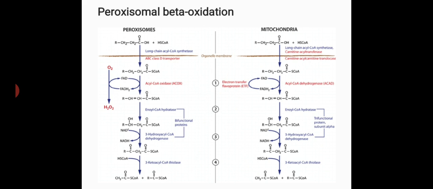Since it is not coupled to oxidative phosphorylation, no ATP synthesis takes place and it generates heat. The NADH formed cannot be reoxidized in the peroxisome, so it is exported to the cytosol and eventually to the mitochondria.